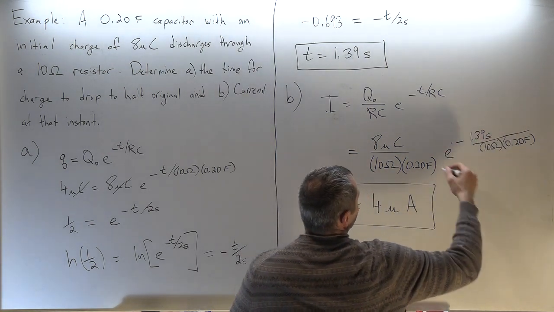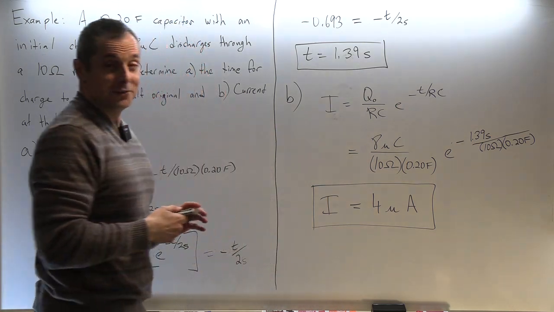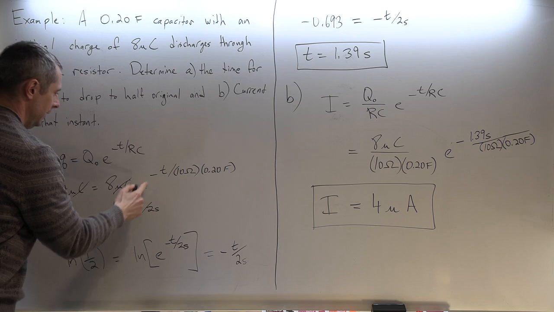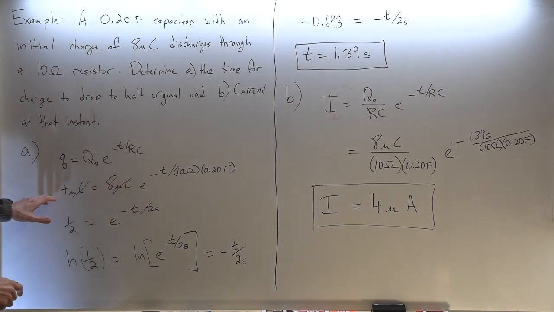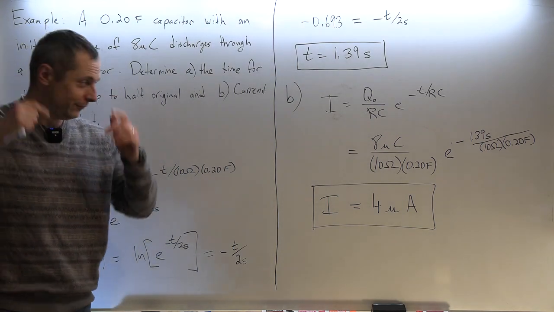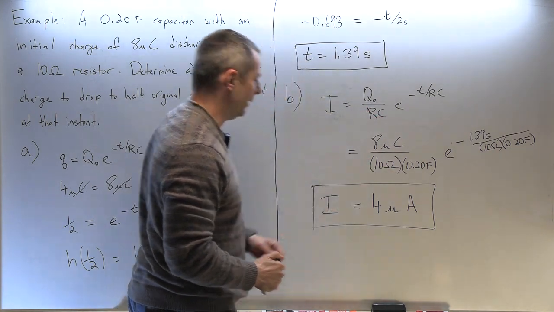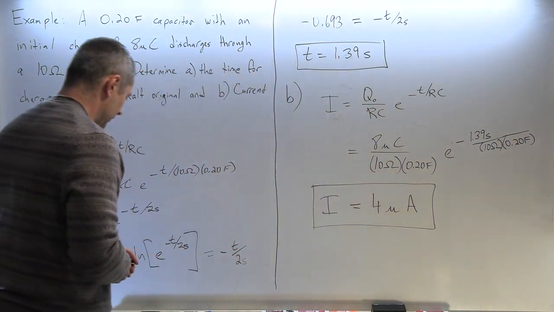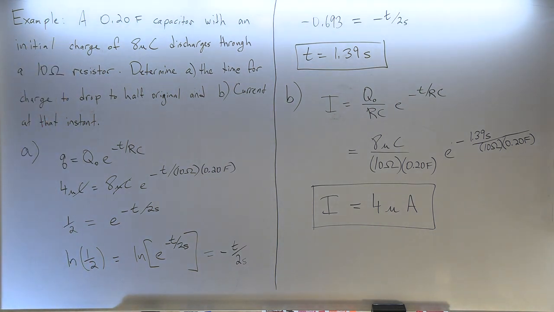I knew this exponential is 1/2 because of what happened here, right? This whole exponential, plugging in that time, has to be 1/2 for this to be true. So that's how I figured that out. Then I just did 8 divided by 2, 4 microamps. And you're welcome, again, to leave it as microamps. Let me create a pause to allow you to copy this down.